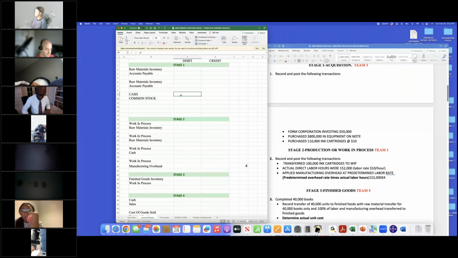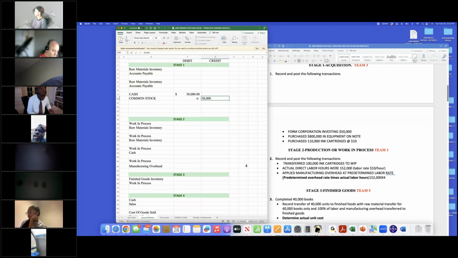Correct. Then the next one is a purchase of equipment for a debit of 800,000. What are you debiting? I'm debiting equipment, and I'm crediting notes payable for 800,000.